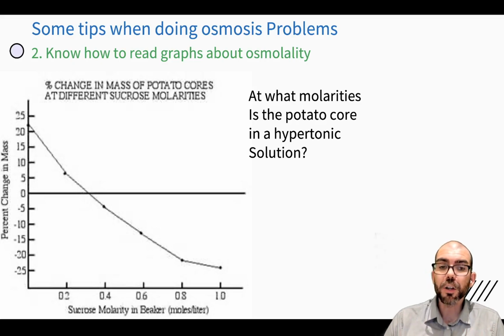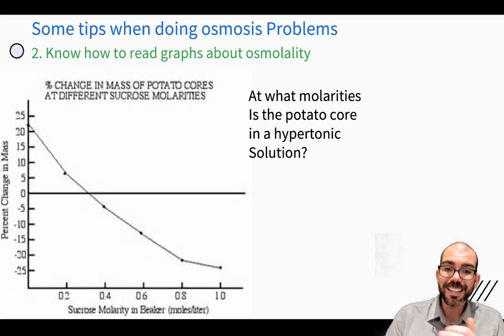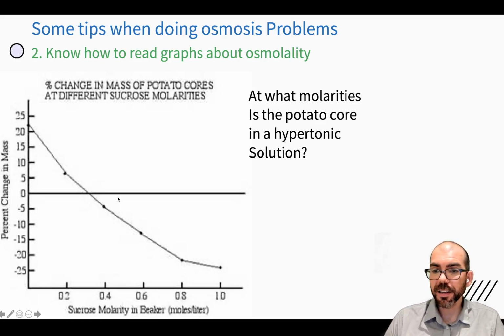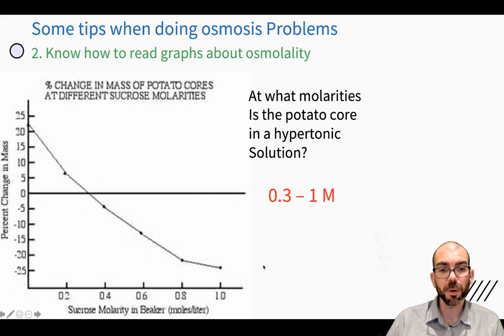To solve this, you want to pull on your knowledge of solutions. Remember that a hypertonic solution is a solution where water is going to be exiting the cell. So if water is exiting a potato, that means the potato is going to be losing mass. So the answer to this would be between 0.3 molar and 1 molar.